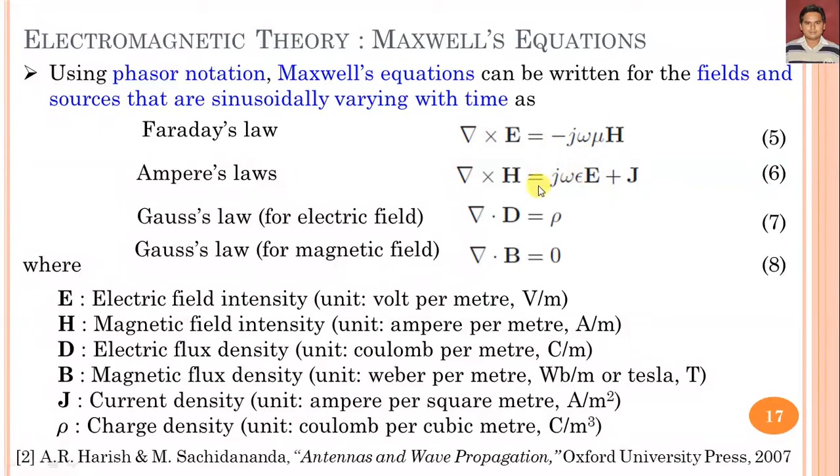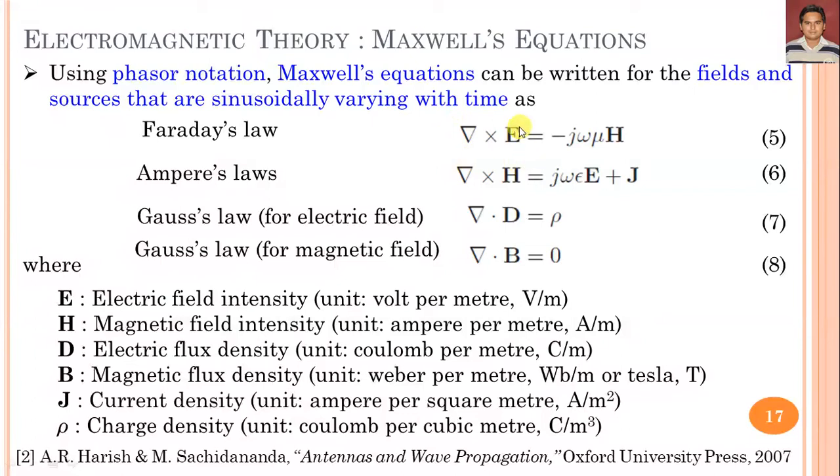Then we have represented them with respect to the time harmonic factor. This is the first equation, through which we can calculate the electric field. This is Ampere's law, through which we can calculate the magnetic field. Then Gauss law for the electric field as well as Gauss law for the magnetic field.